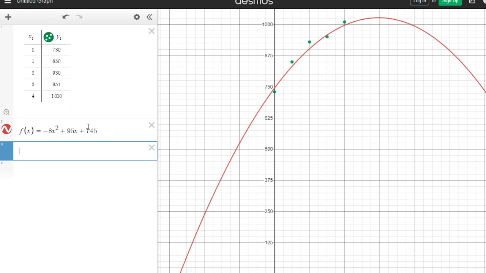So they have their own regression here. I'm going to hide it for a moment, just to show you how to do a regression. Now this is called a quadratic regression because I'm doing it with a quadratic function. And so for my regression, do you see how I'm using the tilde here?